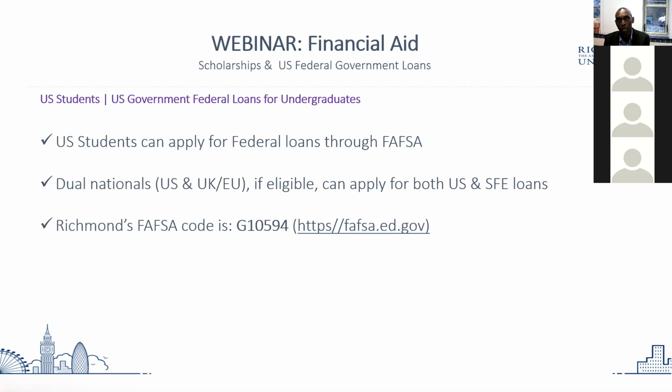We do have some students who have dual nationality. For example, they might be US students and also British citizens or residents. If you're receiving a loan from the US government, it does not prohibit you from receiving loans from the UK government. We do have a small pool of students who get loans from both the US and the UK.